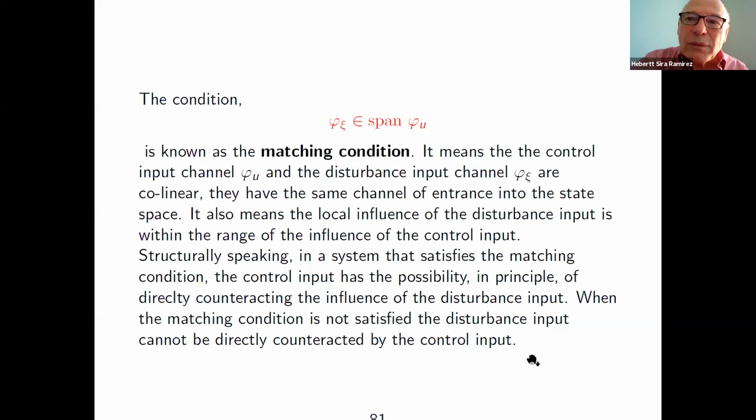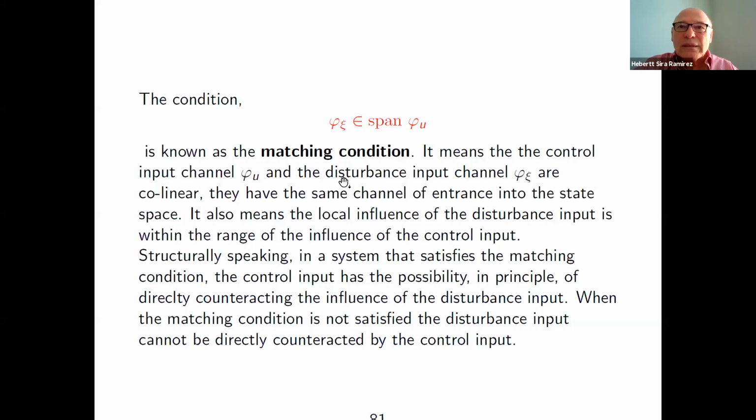If you do have the matching condition, which is very difficult to satisfy in practice, because it's an exact condition that demands you to know your system very well and demands you to know the structure that allows the disturbance to come into the state space, then you can actually show that your ideal sliding dynamics is independent of the disturbance.